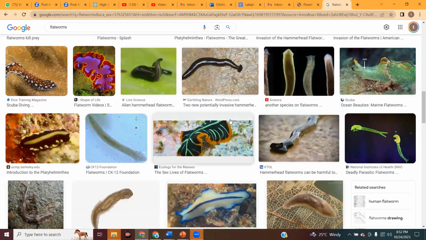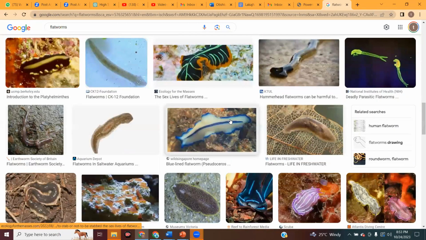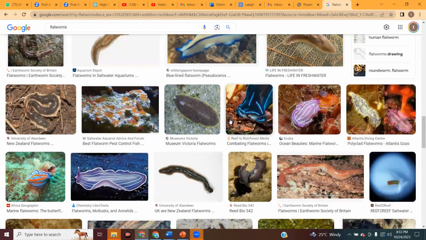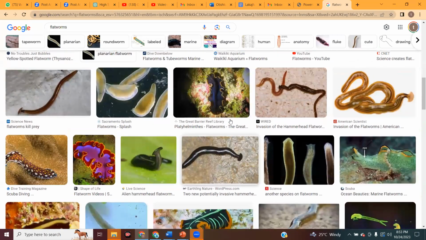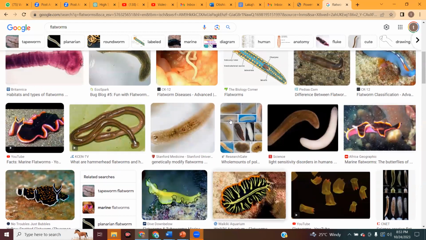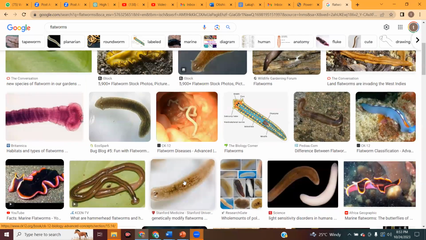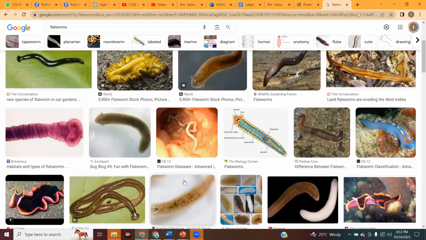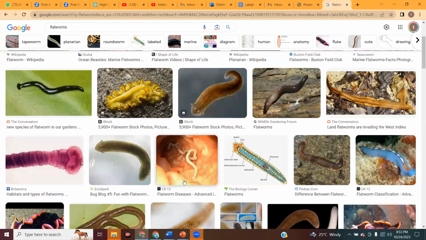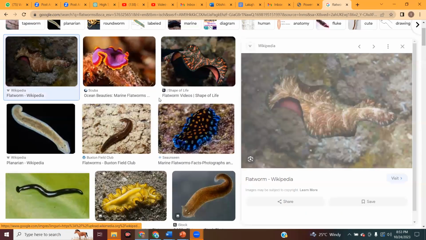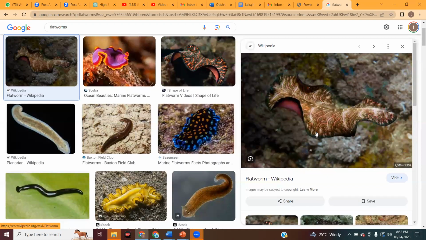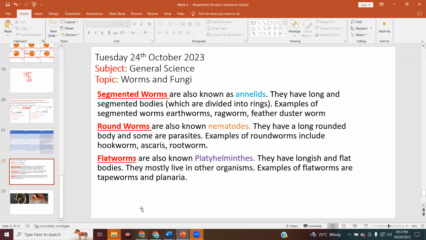They're the prettiest set of worms, I guess. Platyhelminthes, yes. Do they live in the water? Yeah, they can be in water as well, or they can be in other organisms. It's a flatworm. Pretty cool. I wouldn't even think this is a worm, but it is.